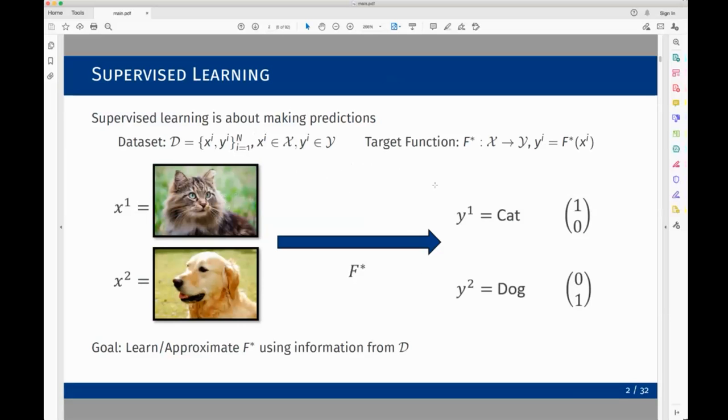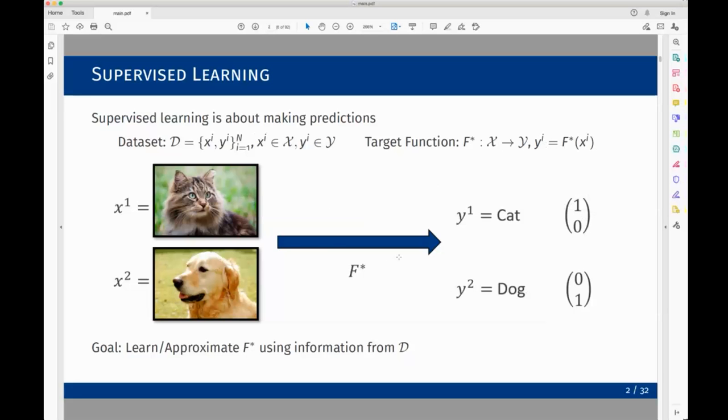Our target is to learn a function f star such that y_i equals f star of x_i. So we want to map the image of a cat to the category variable cat, and we want to map the image of a dog to the correct category as well.